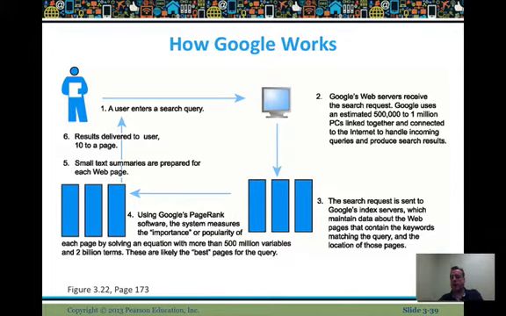So they're matching the query and then finding those pages, again, those SERPs, S-E-R-P, search engine results pages, and then using PageRank, which is another component of Google, which ranks those pages on proprietary algorithms based on the importance of their popularity, serve those back. The summaries are sent up on multiple pages, delivered to the users 10 results to a page. So that's how that happens in an instant.